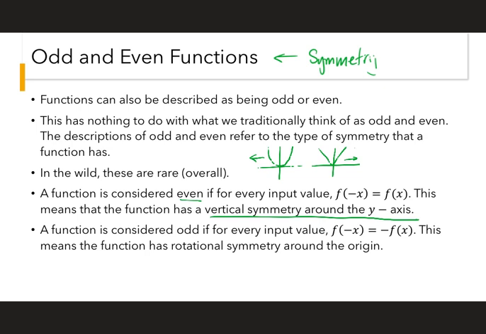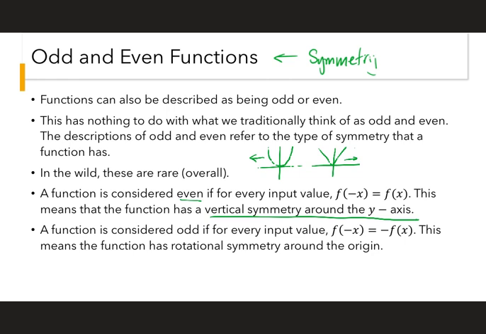I've ruined it because it's not that it's vertically symmetric, it's that it's symmetric on the y-axis specifically. Okay, and if it doesn't have that symmetry right on the axis, we pretend it's not there.